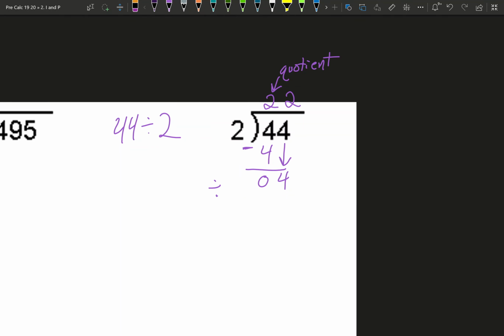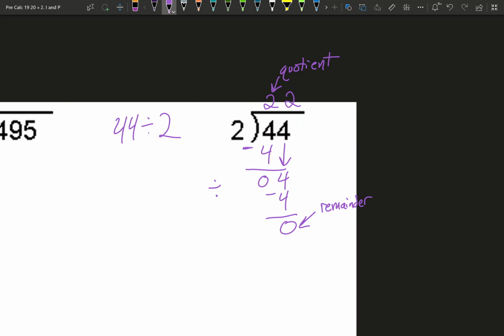We multiply that 2 by the 2 in our divisor, and then we write that here, subtract that product from what's remaining in our dividend. This 0 is going to be our remainder.